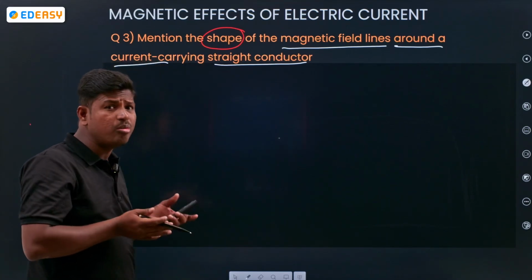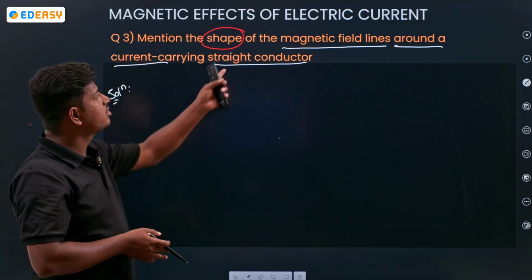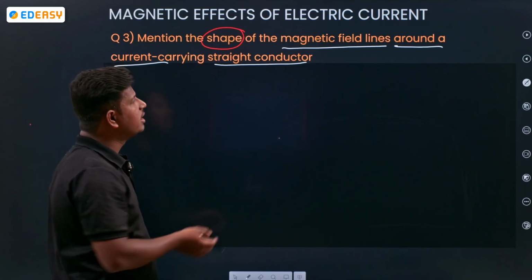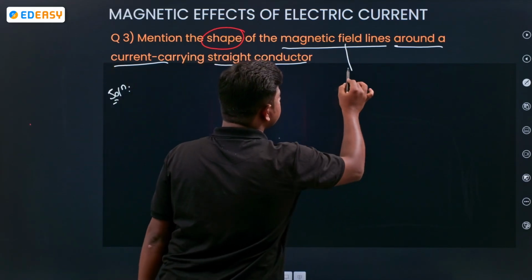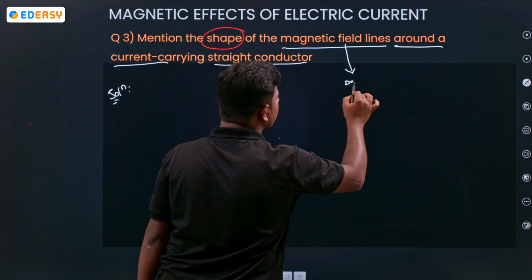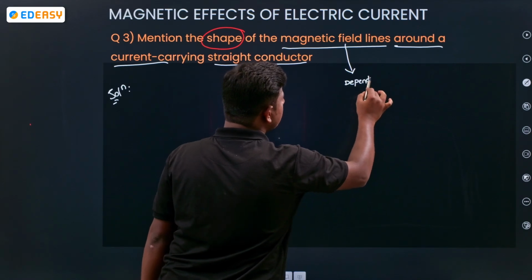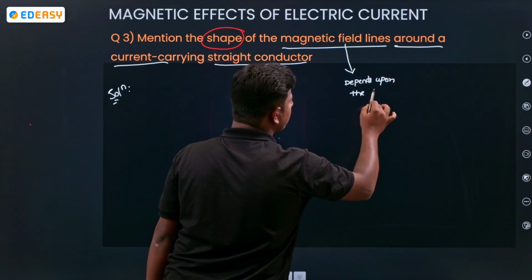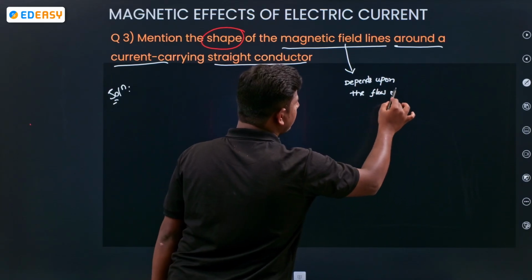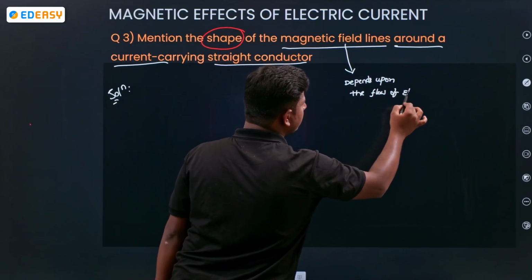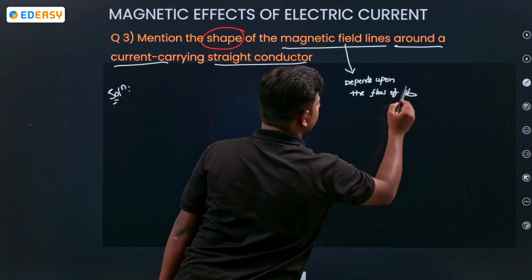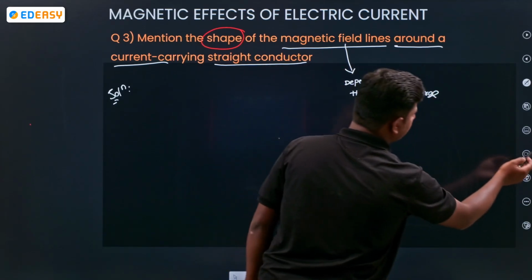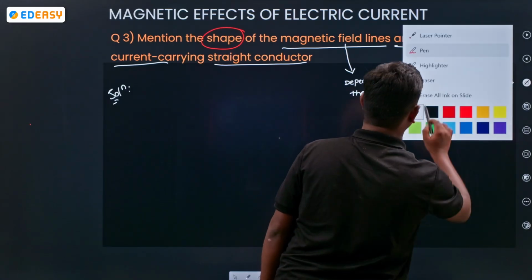The shape of the magnetic field. The magnetic field depends upon the flow of current, right? It depends upon the flow of charge.